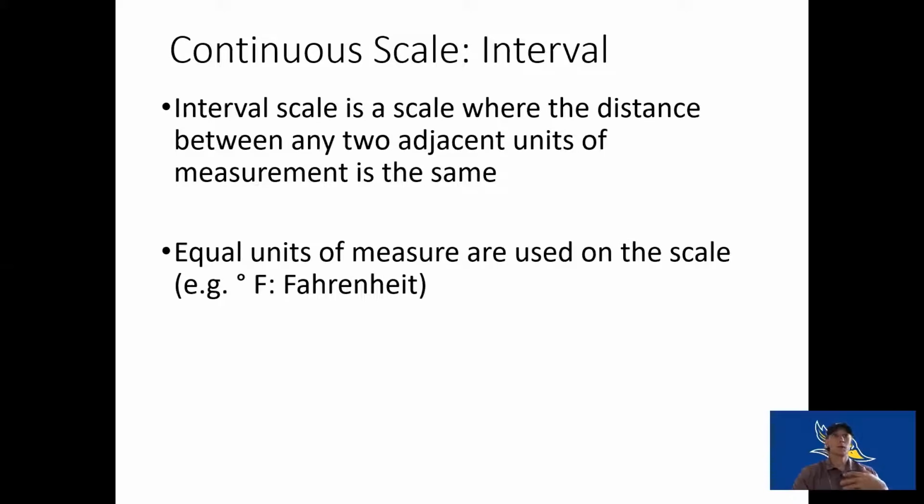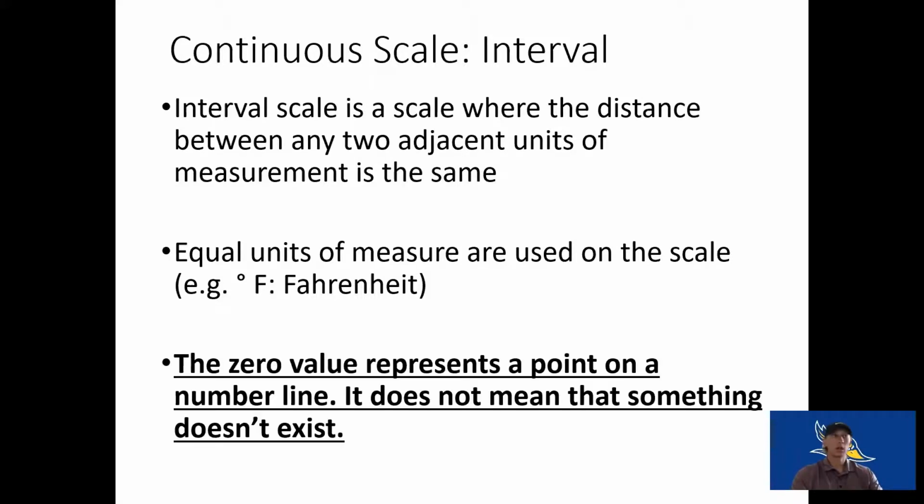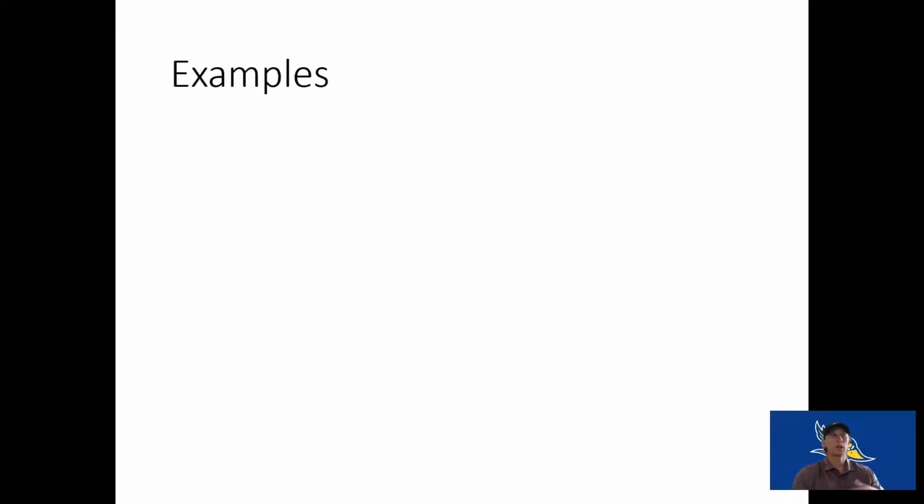So think about things like temperatures in Fahrenheit. 0 degrees Fahrenheit doesn't mean 0 temperature. It means we're at 0 on that line. -1 is 1 unit less than that 0 point. So 0 is just a point on that number line. It doesn't mean that there is absolutely nothing, or that it's a starting point.